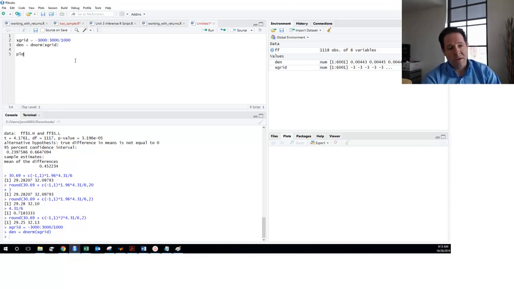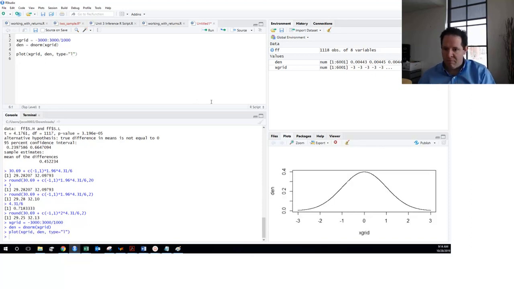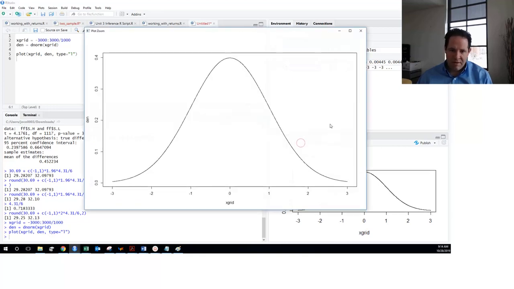And then if I want to see what this density looks like, I can say type equals a line, and I just want to plot and show you that if returns look like a normal distribution, returns are around where the average is, but they can be higher versus lower.